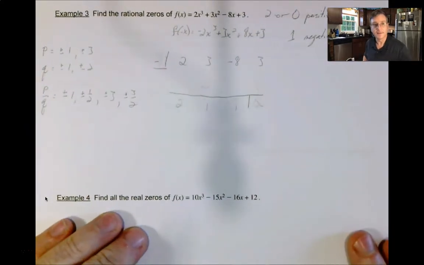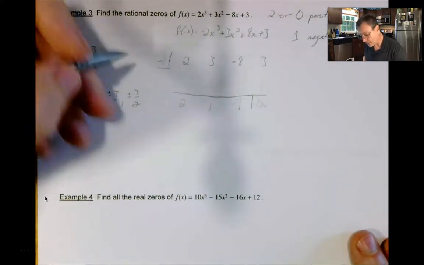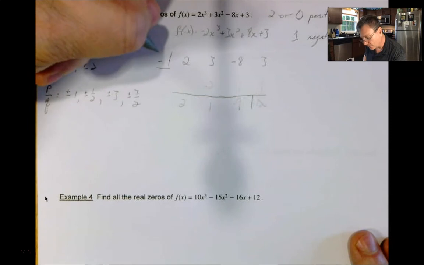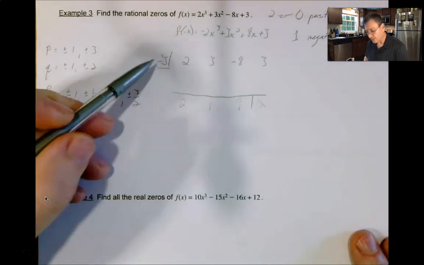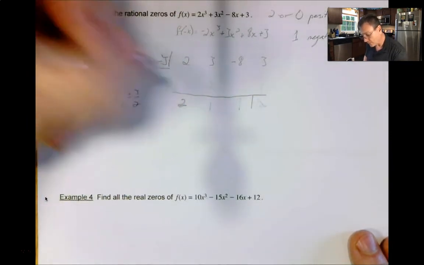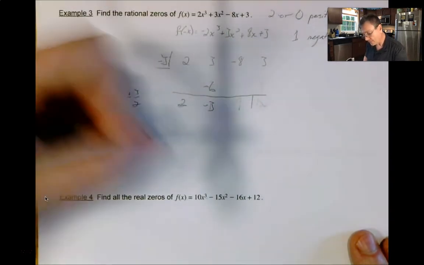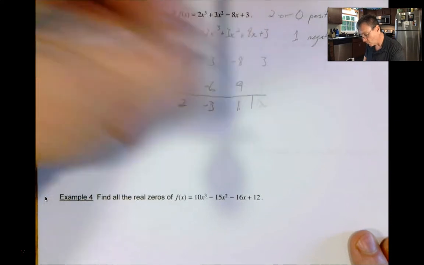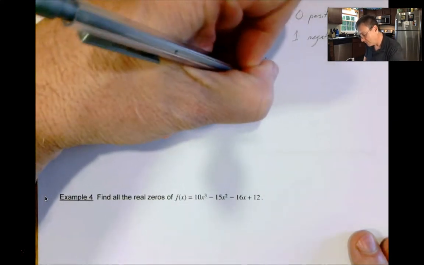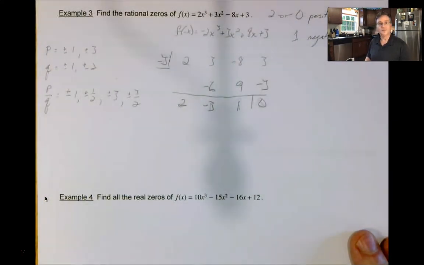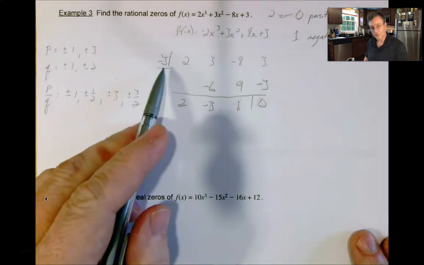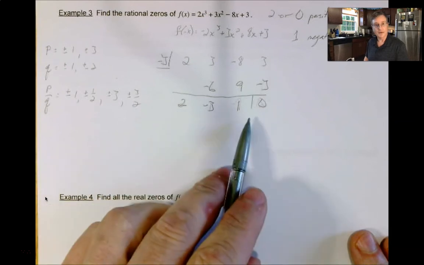Save a little bit of time here. All right. Putting in -3. See if that works. We've got -6, -3, 9, 1, -3, 0. I have found the 1 negative real 0, and it's down to quadratic.